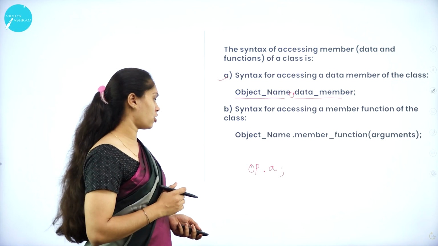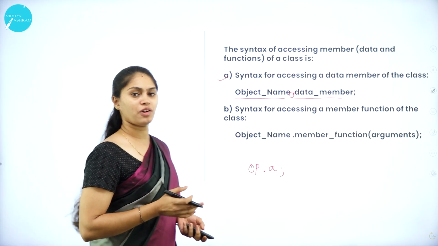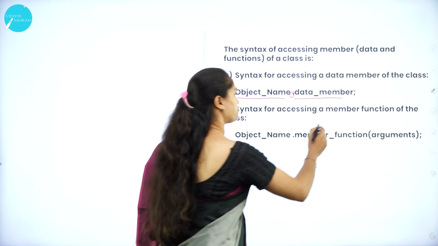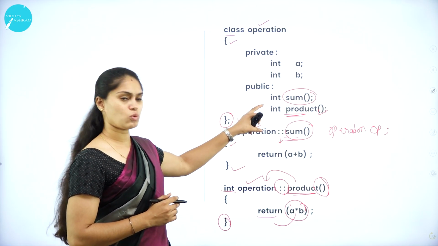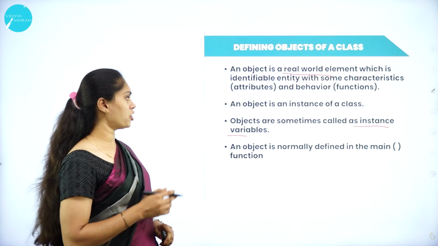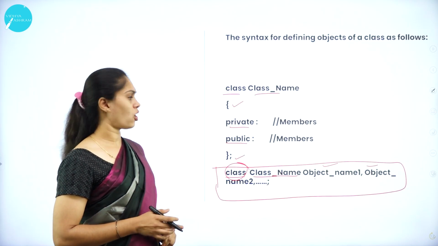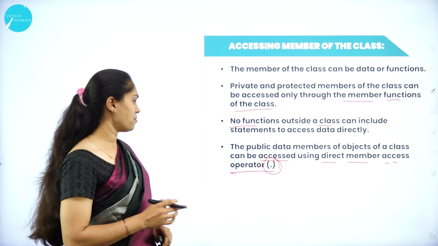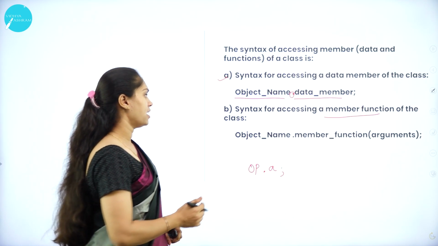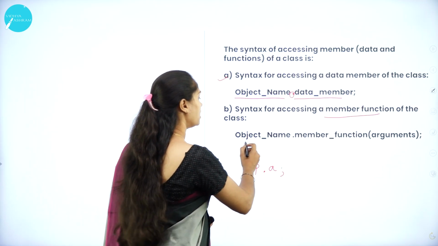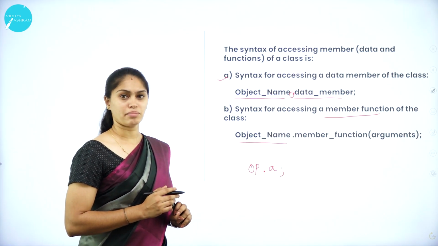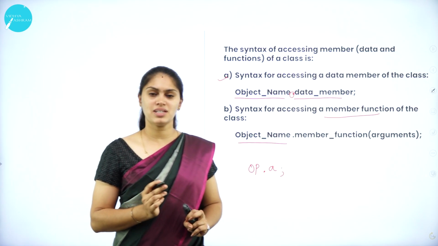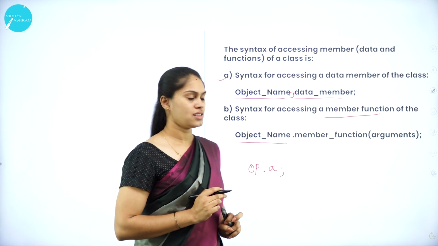And what if I want to access the member function? Regarding this example, the member functions are sum and product. If I want to access the sum and product member functions in my program, how do I access them? Here we have a syntax. I need to specify the object name, then the dot operator, then the member function, and if there are any arguments or parameters, those need to be specified.